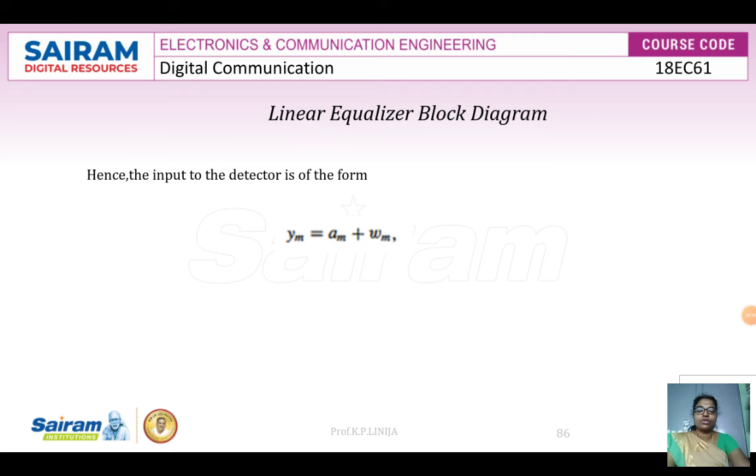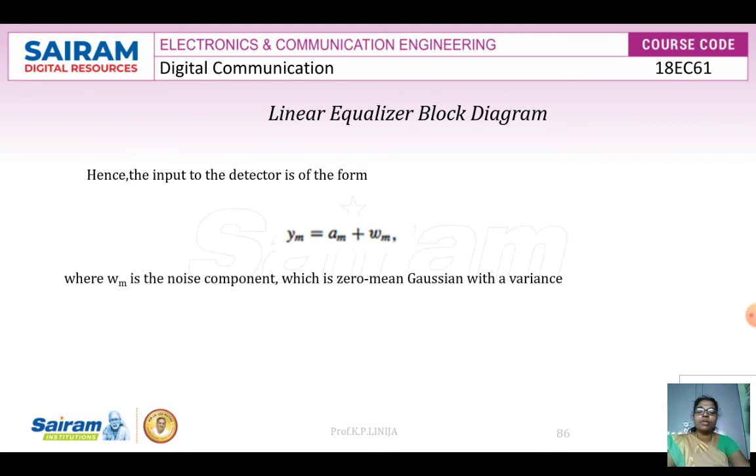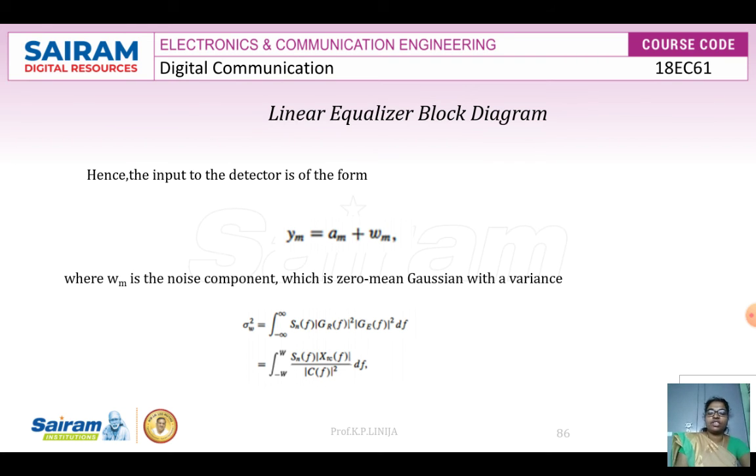Therefore, the input to the detector will be in the form of Ym is equal to Am plus Wm. What is Wm? Wm is the noise component, and we are aware that this noise component is zero mean Gaussian noise, and the variance sigma square W can be written as the integral from minus infinity to infinity of Sn of f into modulus of GR of f the whole squared into modulus of GE of f the whole squared into df.